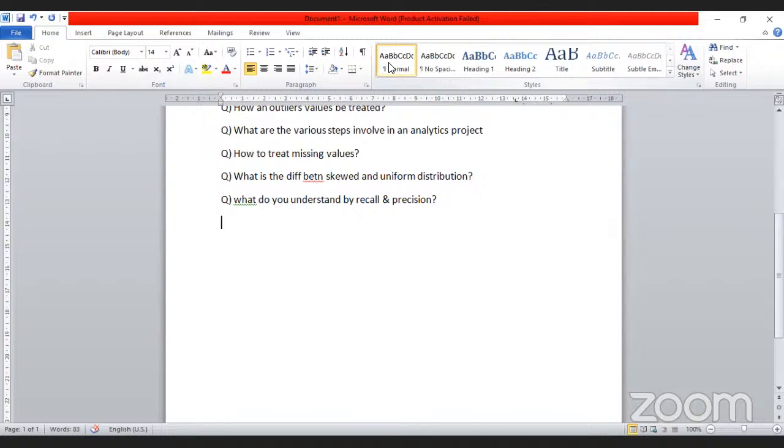And precision means out of all the samples we classified as true, how many are actually true? Understood the difference? Recall means out of all true samples, how many did we classify as true? And precision means out of all the samples we classified as true, how many are actually true?